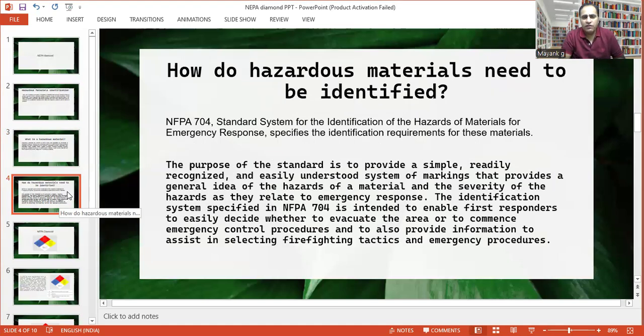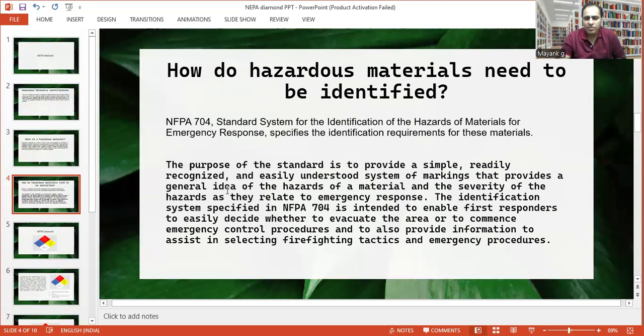What is the purpose of this visual identification? The purpose of this visual identification is to provide a simple, readily recognized and easily understood system of marking that provides some idea of the hazard of the material and the severity of the hazard in case of emergency response.